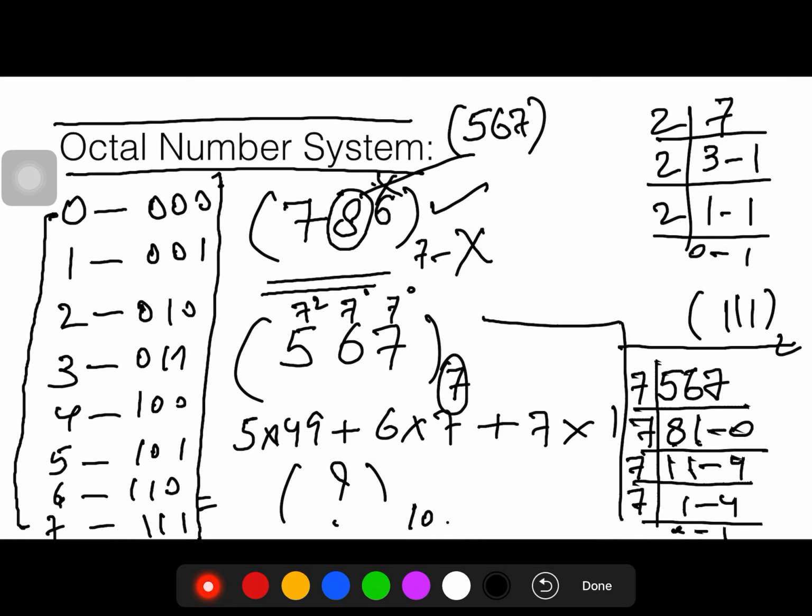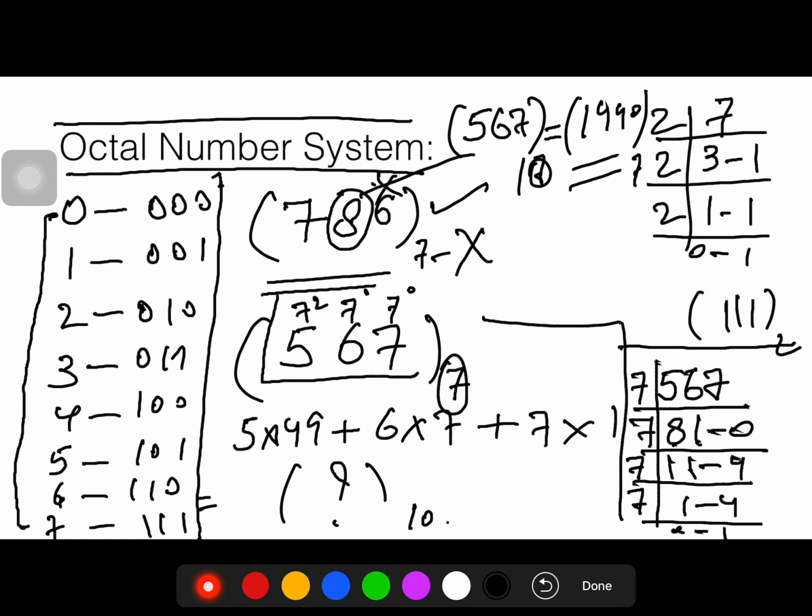Now in order to represent the decimal number in octal, it is 1440 in octal. This is the representation, 1440.